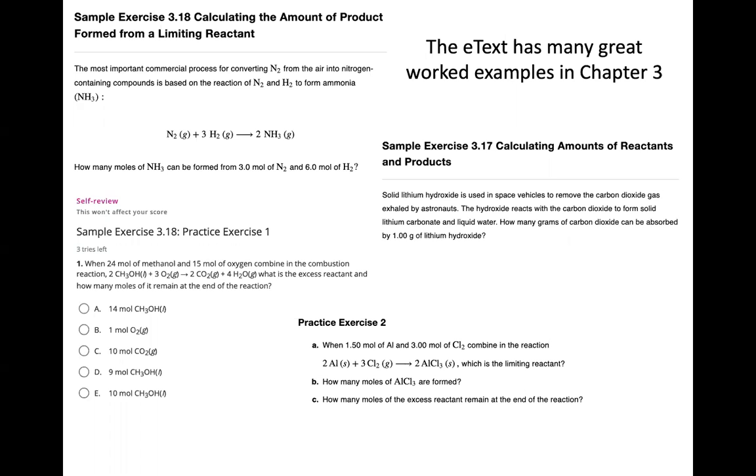In either of those cases, I think the language of excess and limiting is a little bit forced. We have a picture for what's going on, but if they both go down to zero at exactly the same point, are they both limiting, or are they both excess, or does it not really matter? I think it doesn't really matter.